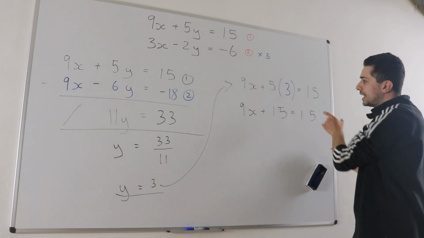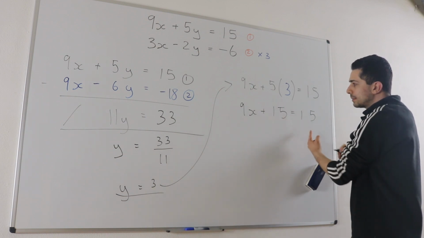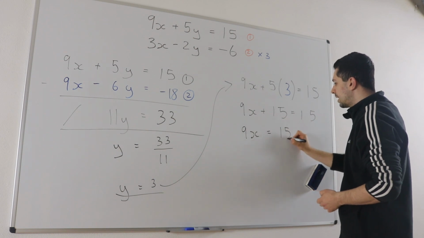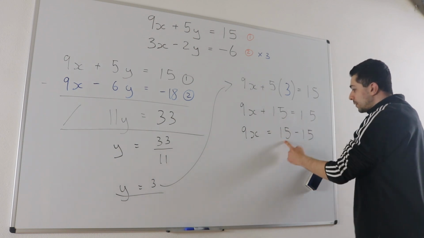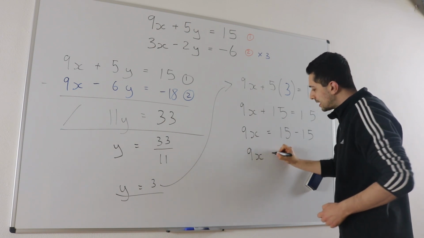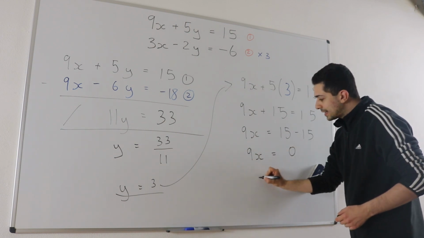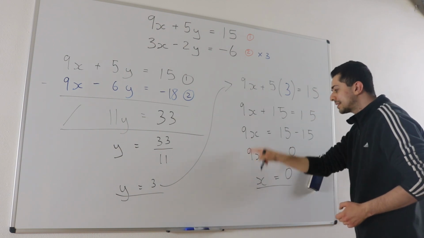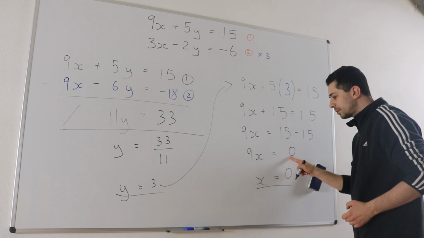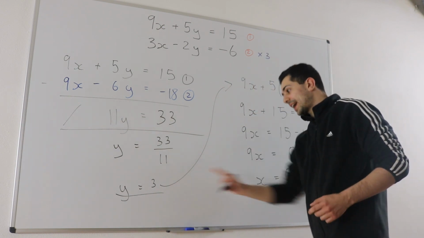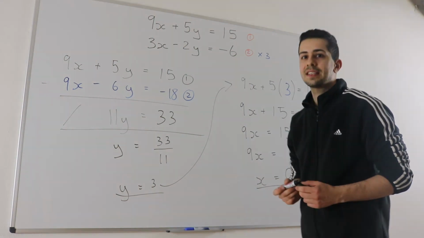I take 15 to the other side, from plus it becomes minus, so 9x equals 15 minus 15. 15 minus 15 is 0. So if 9x equals 0, then that means that x is 0 as well. Because 9 times 0 is 0. So like this I have found both x and y, and solved the simultaneous equation.